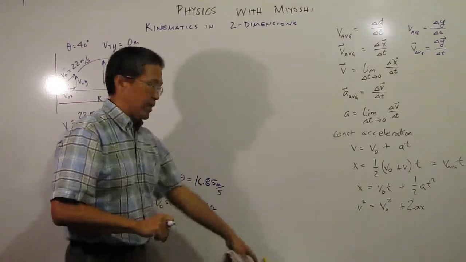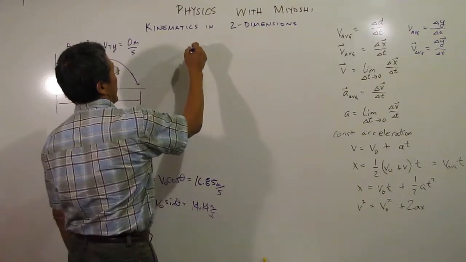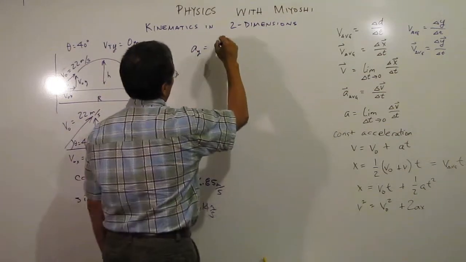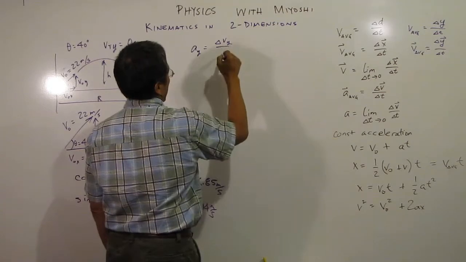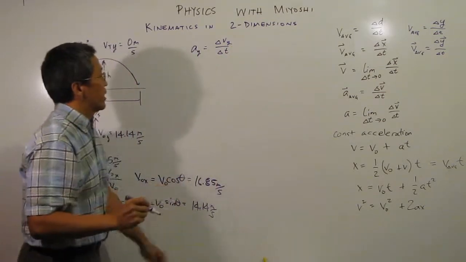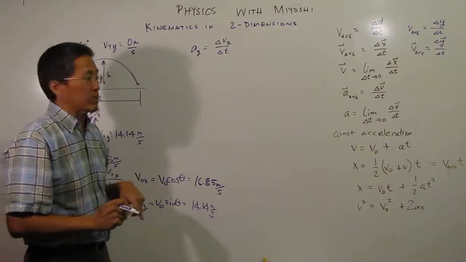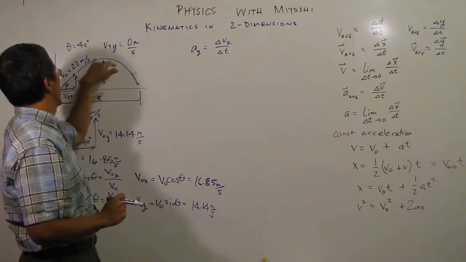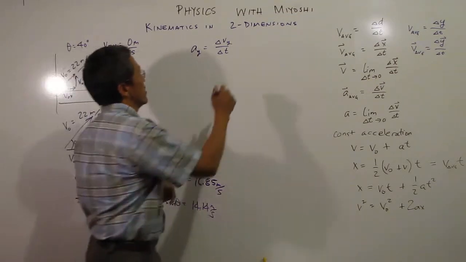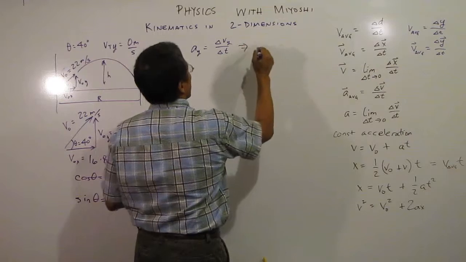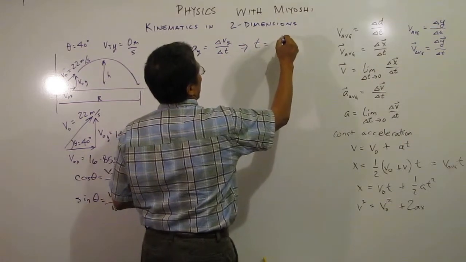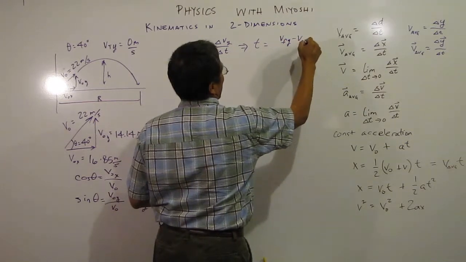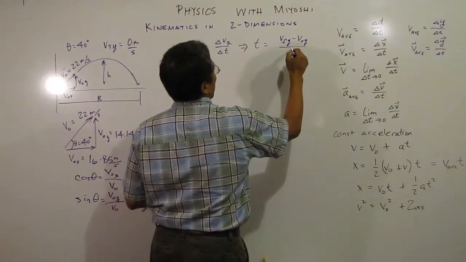Before I do that, I need to find the acceleration, or the time, and I could do that with a in the y direction is delta v in the y direction over delta t. Since I know the acceleration due to gravity, and I know the initial and the final velocity, I can rearrange this equation so that time is vf in the y minus v0 in the y, divided by g.